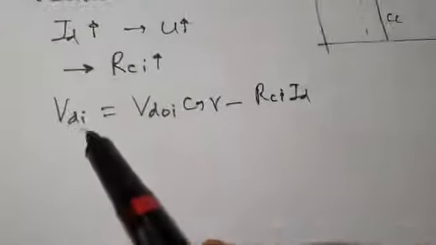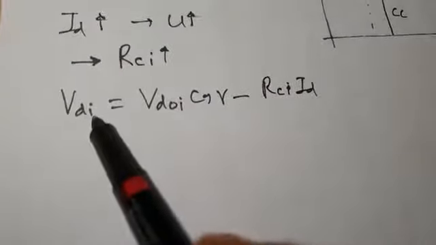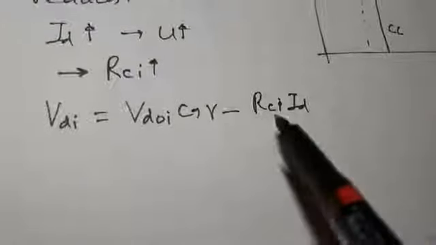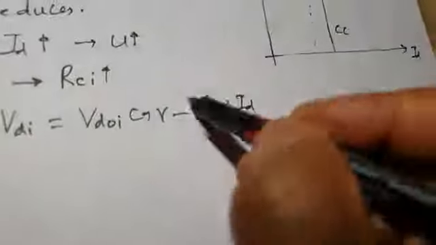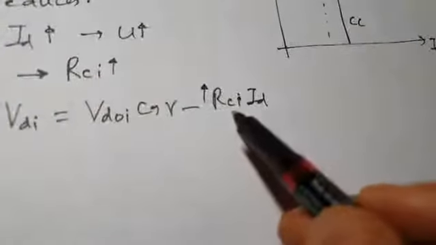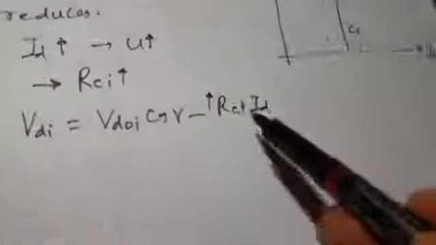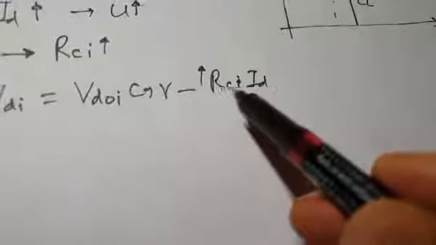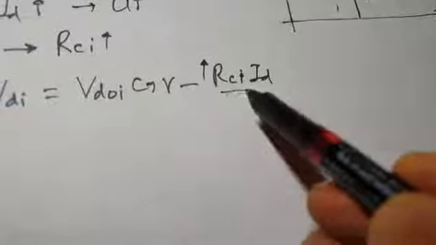So the output voltage on the inverter side is the inverter average output voltage minus this drop. Since RCI has increased, this drop increases.